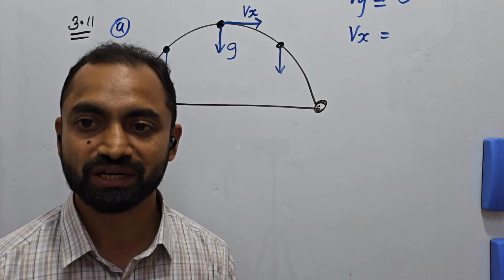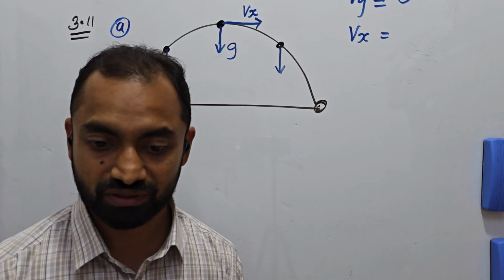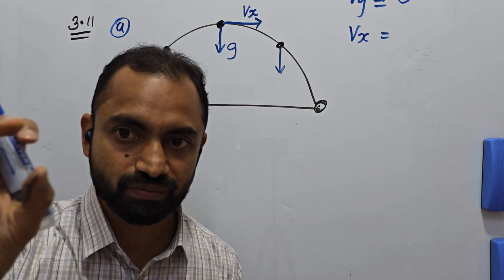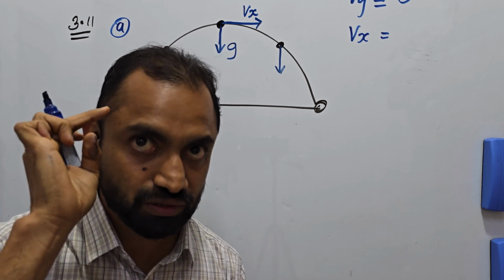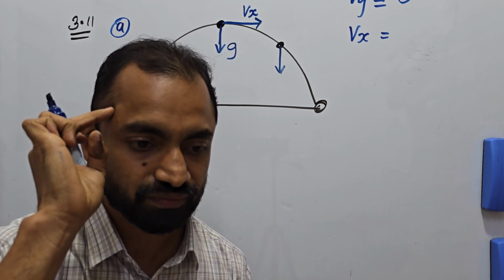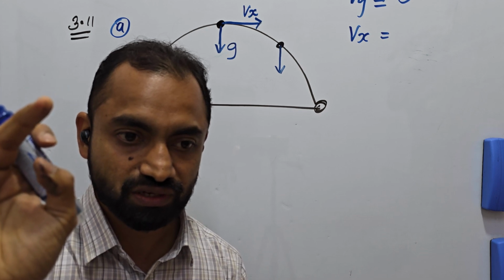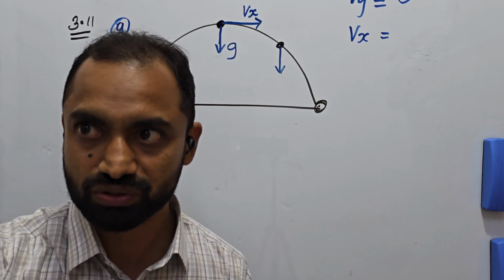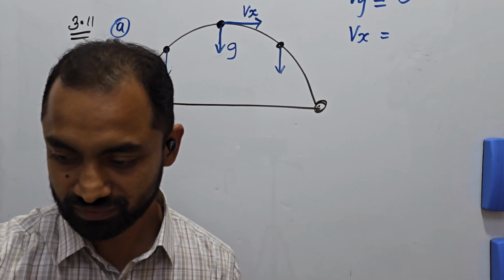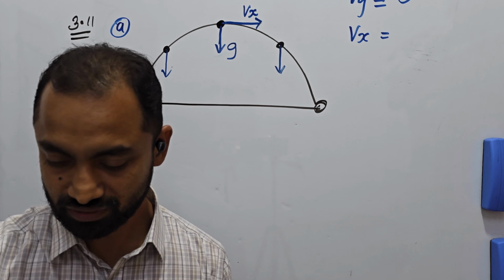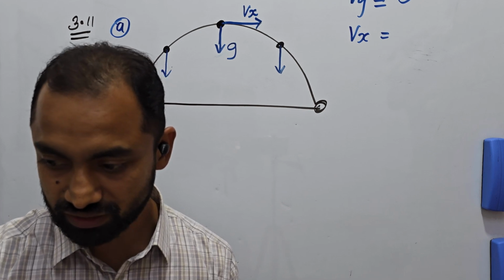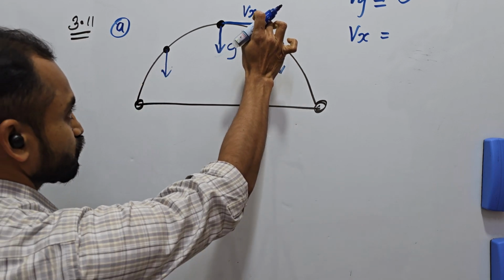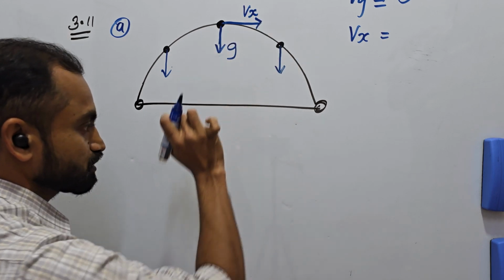Whenever there is maximum height, the next point should come to your mind: vertical velocity 0, velocity only horizontal. Answer A: velocity in the horizontal direction, acceleration downward.